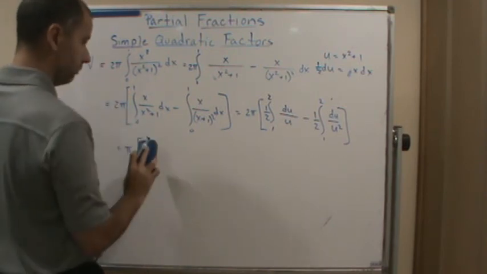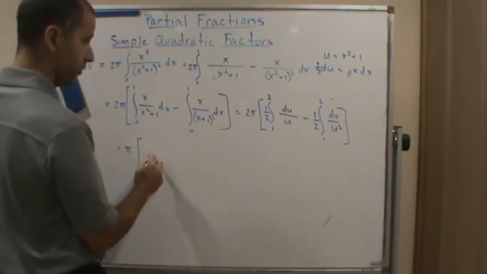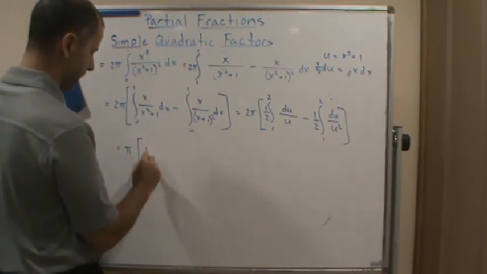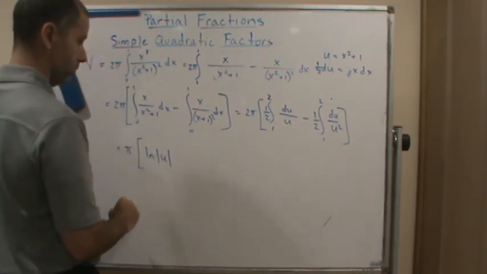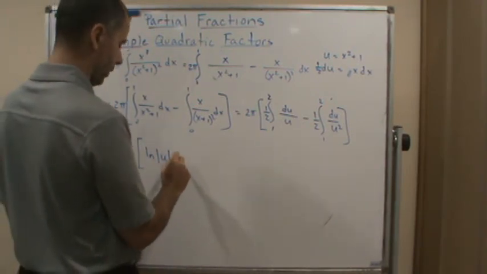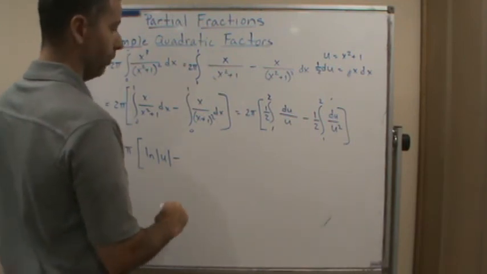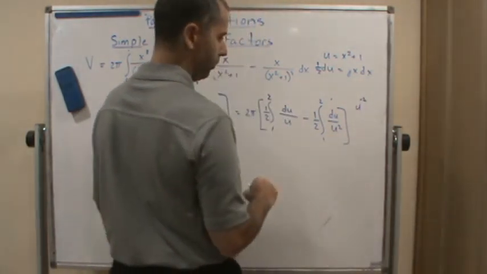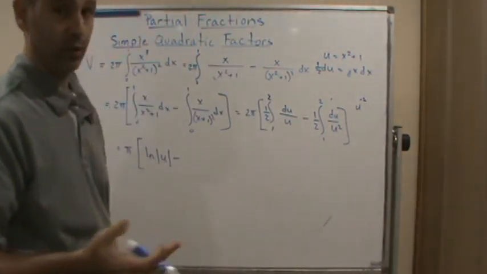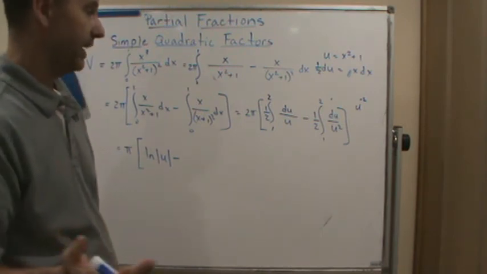Oh, let's integrate. So this is just going to be the natural log of the absolute value of u, right? Minus, well, what does this become? Well, this is just u to the negative 2. So if you integrate that, what do you get? 1 over u. And you get the negative of that.